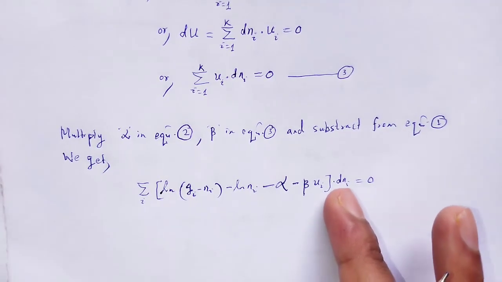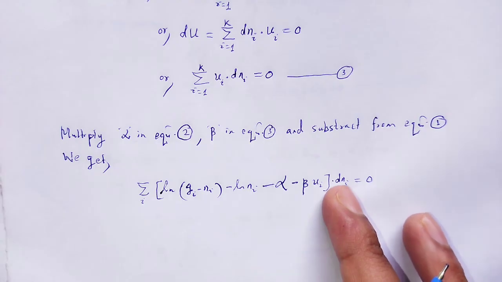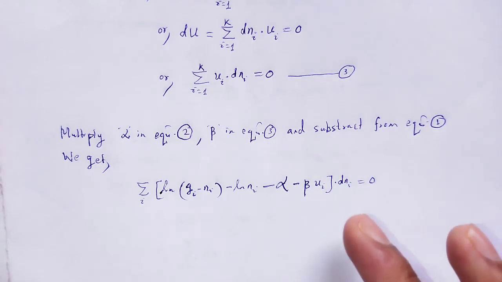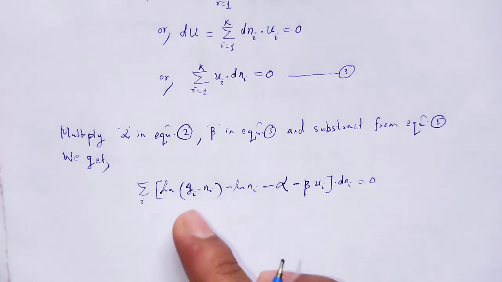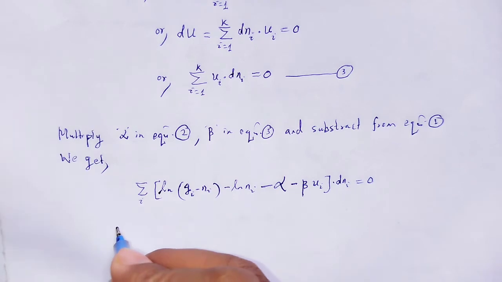As we said, dNi is independent. Various terms for different values of i are independent of each other. So the bracket term will be 0.